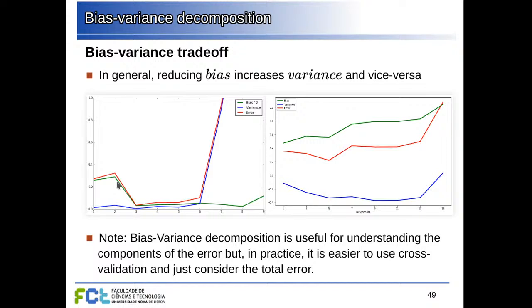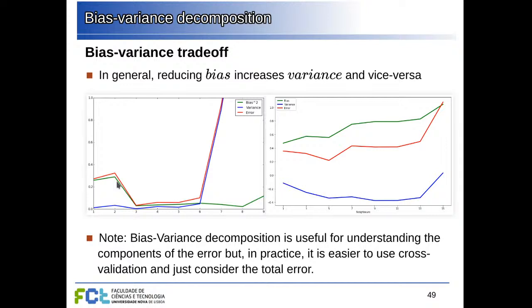However, when we do that, we tend to increase variance, because as we increase the power of our model to adjust to the data, we start increasing the dispersion of the predictions when we train it with different data sets. So this is the bias variance trade-off, and in general, you need to find the best trade-off between the two to select the best model.